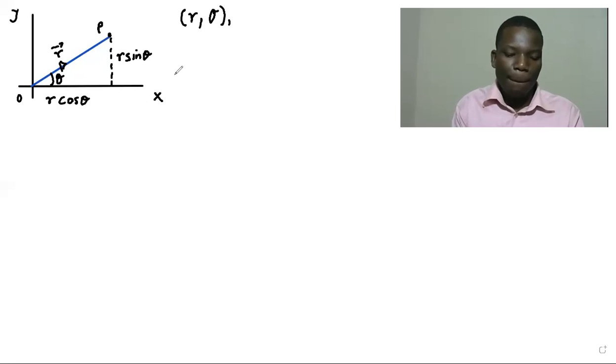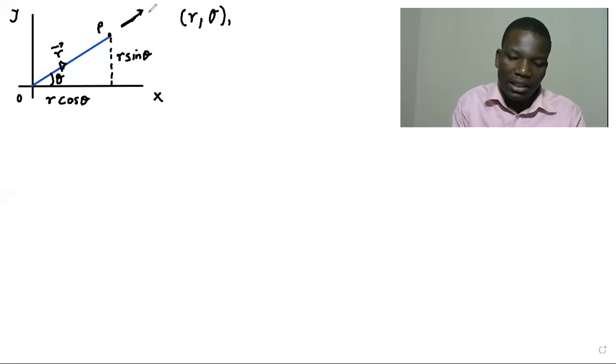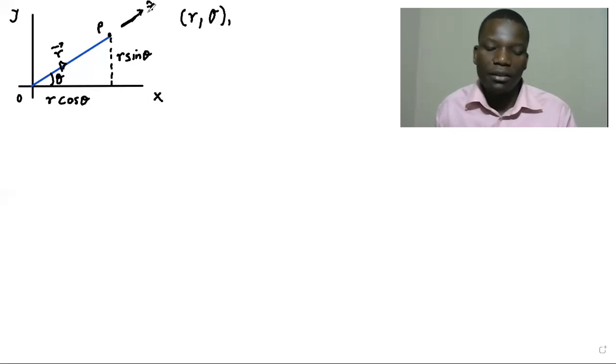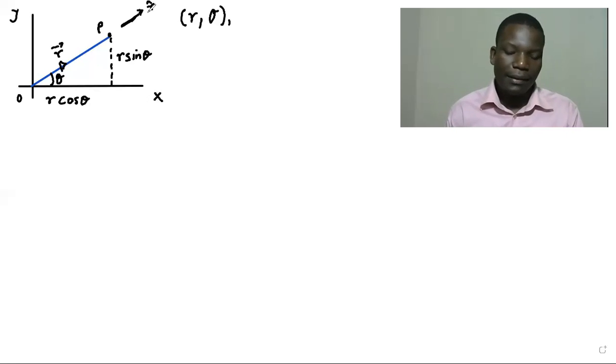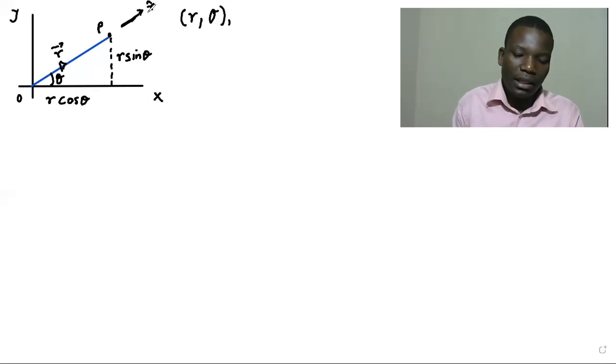So now, where is the unit vector for the position R and the angle theta? So we see that the position R, when theta is constant, is going to increase in this direction. Okay, so it's increasing in that direction, and that will be our unit vector R. And theta will be increasing in this direction.